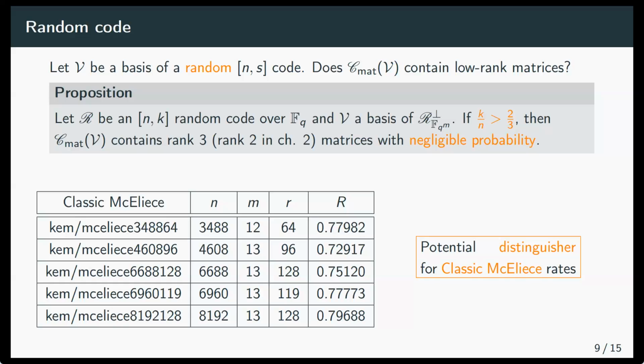You can see that the rate is always larger than 2/3. So it means that we construct C(B), and if we are able to either find low rank matrices or prove that they do not exist, then we have a distinguisher that, differently from the previous one, works for fixed rates and for real McEliece parameters.